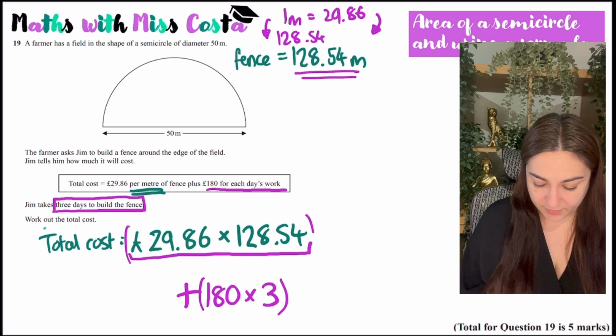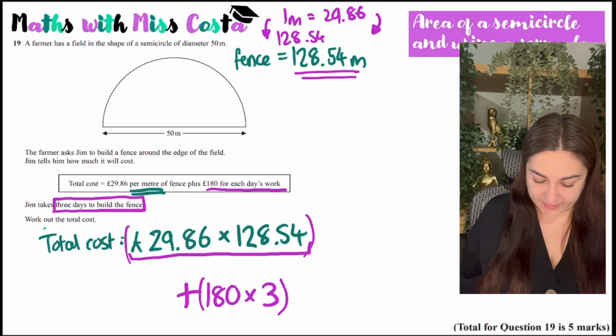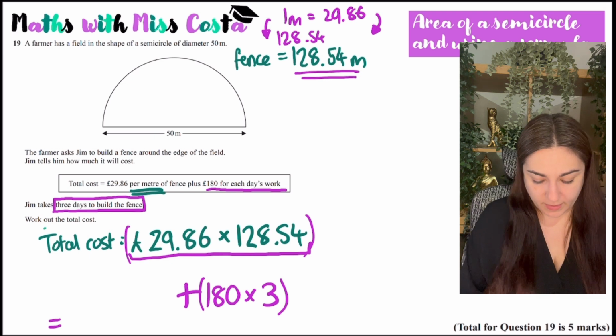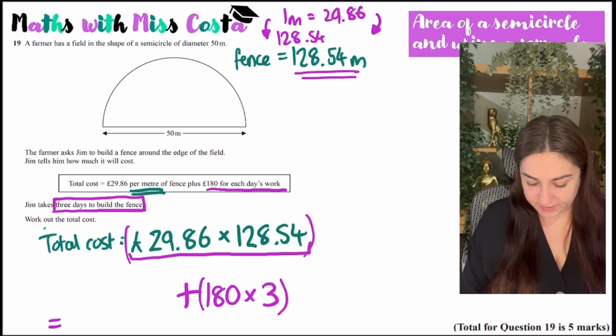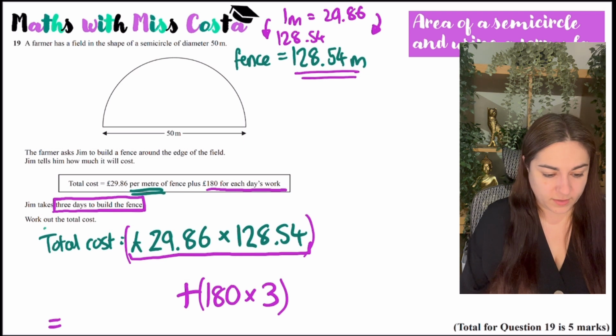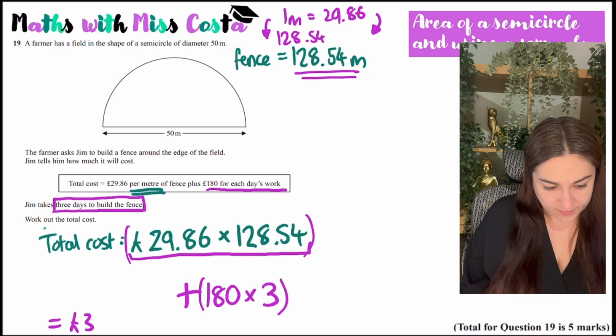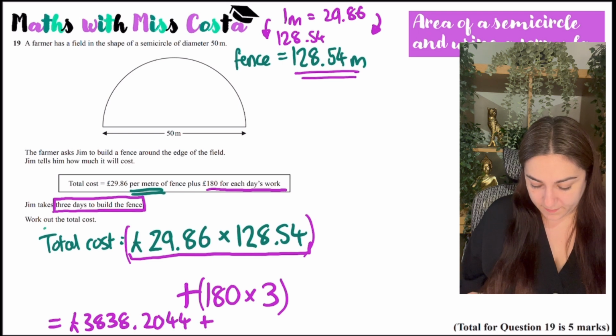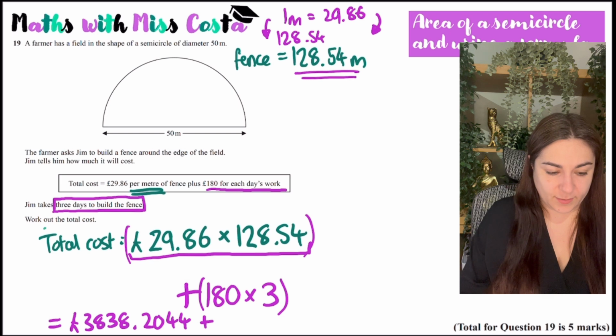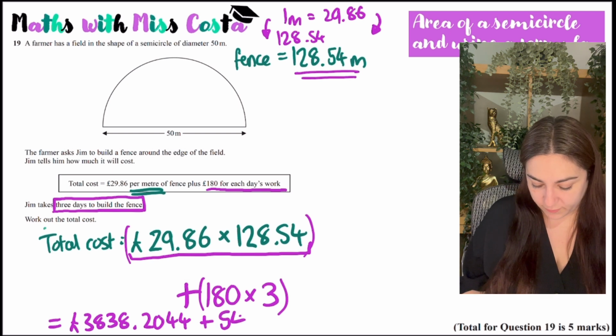So I do these separately. So that gives me 29.86 times 128.54 is 3,838.2044 plus, and then I've got 180 times 3, 540.